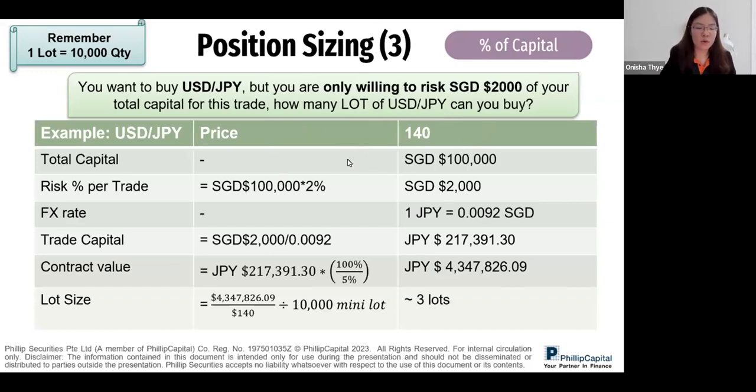You are only willing to risk 2% of your capital, so you have 2,000 Singapore dollars here, and you need to convert it to Japanese yen. Then you need to know your contract value, which is a total of 4 million Japanese yen. In this case, you can only buy 3 lots in order to only risk 2,000. This is how you use the percentage of capital to determine how many lots you're buying.